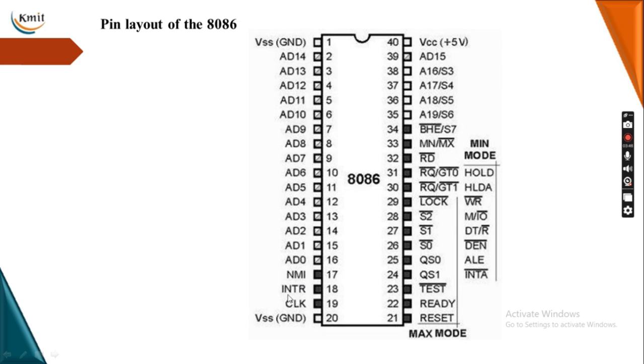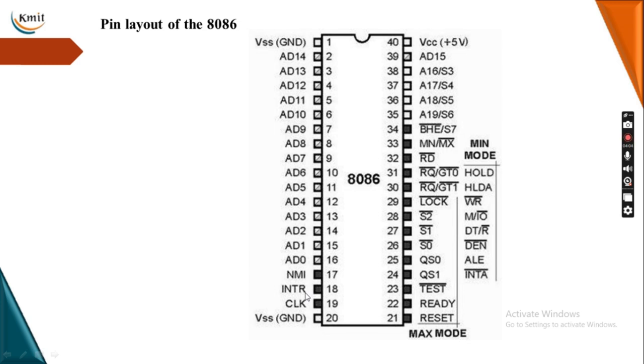Next pin is INTR, nothing but interrupt request. If an interrupt has occurred, the interrupt request pin goes high.